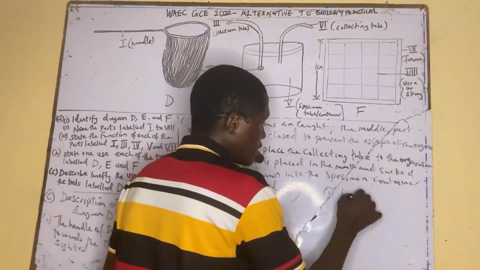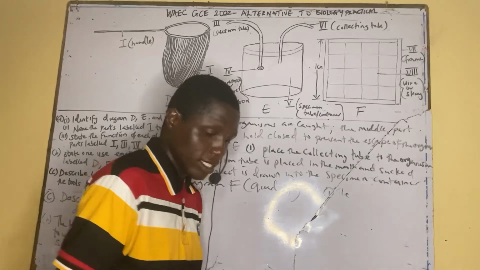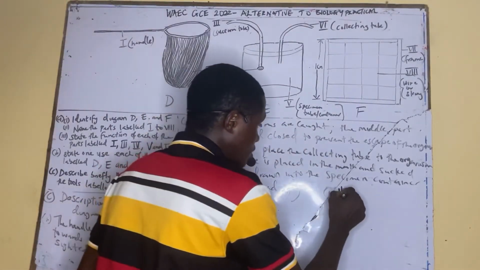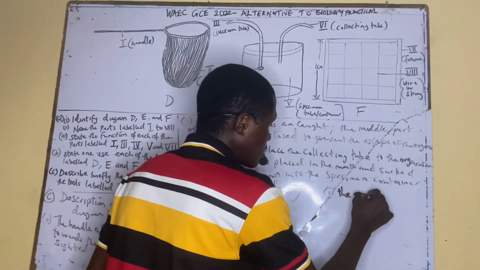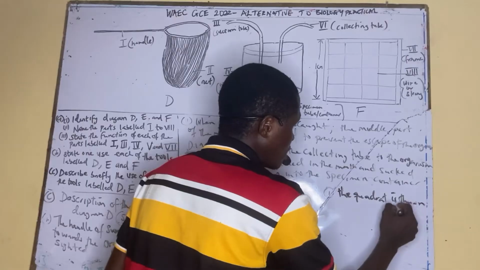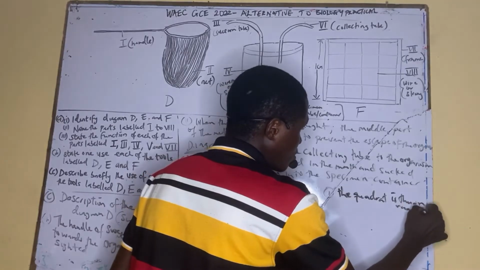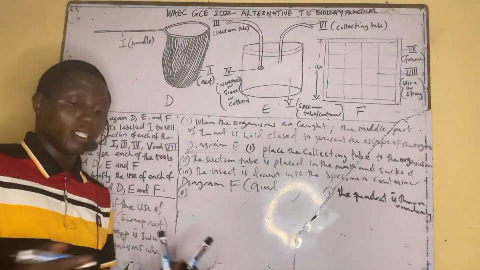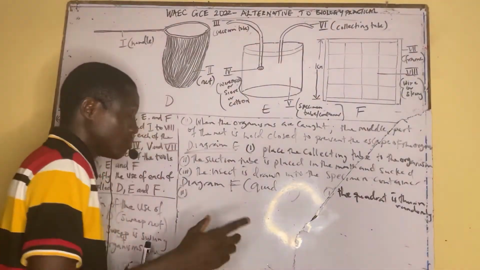The quadrant is thrown randomly. Now, number 2, after throwing it randomly, the next thing is what?